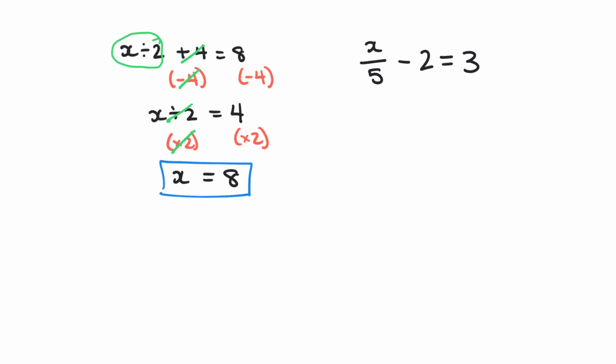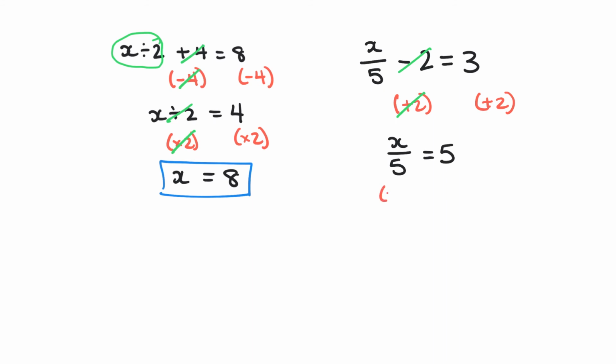Okay, so I will start by adding 2 to both sides. So that minus 2 and add 2 cancel, leaving me with x over 5 equal to, well, 3 plus 2 is 5. Now this, even though it's written as a fraction, it still means x divided by 5.